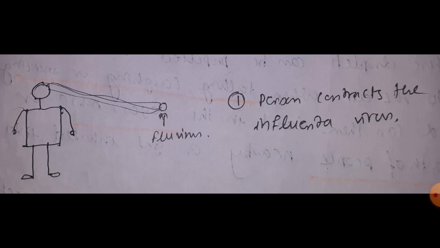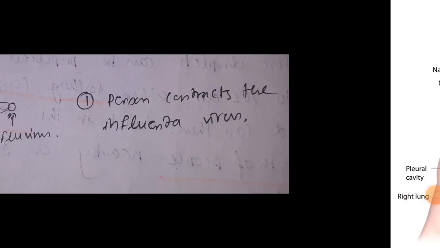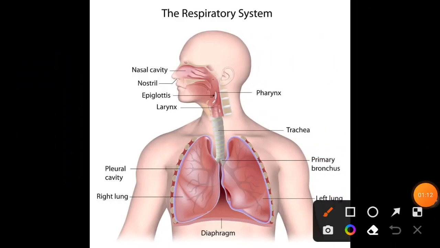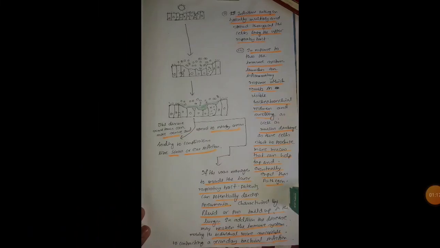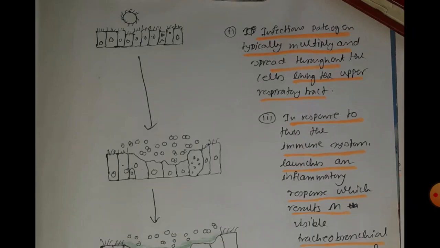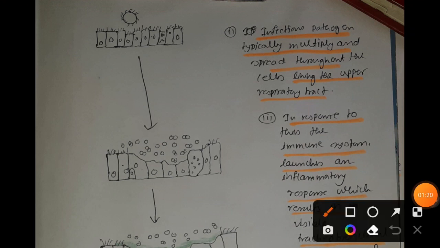First of all, once a person contracts the influenza virus, it first enters the upper respiratory tract. In the upper respiratory tract it spreads and multiplies throughout the cells lining the upper respiratory tract.